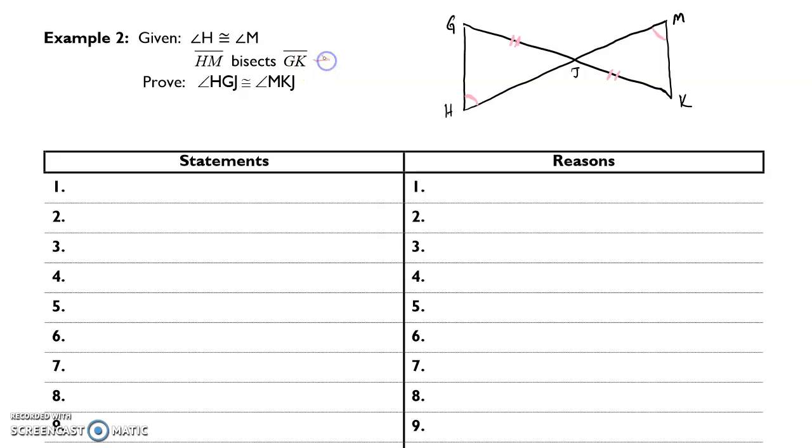So the conclusion here is that segment GJ is congruent to segment JK. So I have two congruences right now. I need three before I can make my triangles congruent. And these should say triangle HGJ and triangle MKJ, not angle. We're not quite ready for that yet.